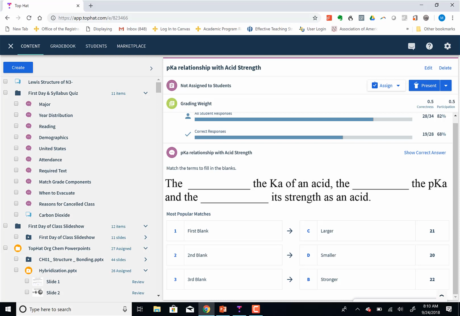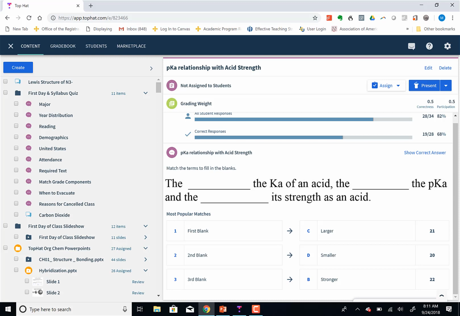Remember the pH scale. What's a stronger acid, 7 or 4? Which is a stronger acidic solution, one with a pH of 7 or one with a pH of 4? The pH 4. So Ka goes up, pKa goes down.